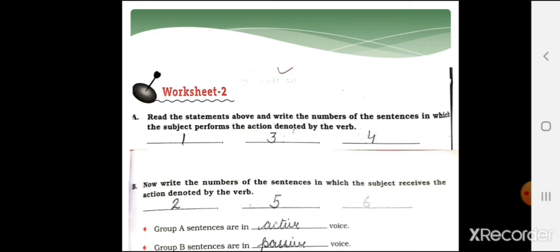Now students, group A sentences are in active voice, in which the subject performs the action denoted by the verb, and group B sentences are in passive voice, in which the subject receives the action denoted by the verb.